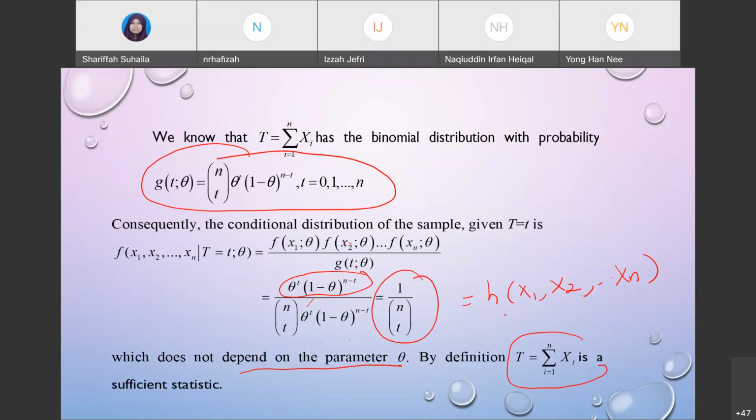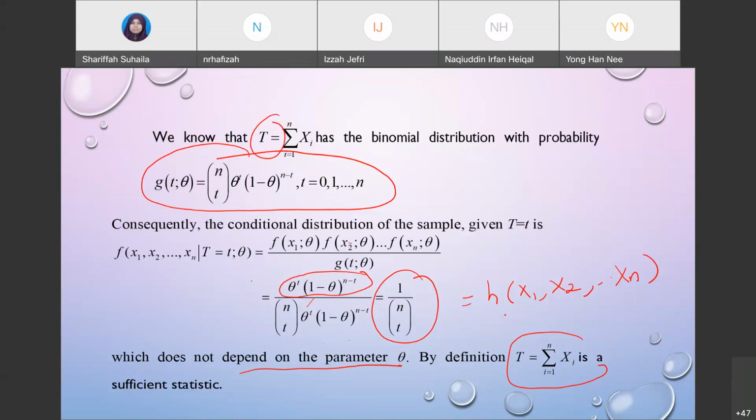We get the PDF for T because originally your x1, x2, ..., xn are Bernoulli, so when we take the summation it becomes a binomial distribution. So you have n choose t, with parameter theta, theta to the power t, 1 minus theta to the power n minus t.